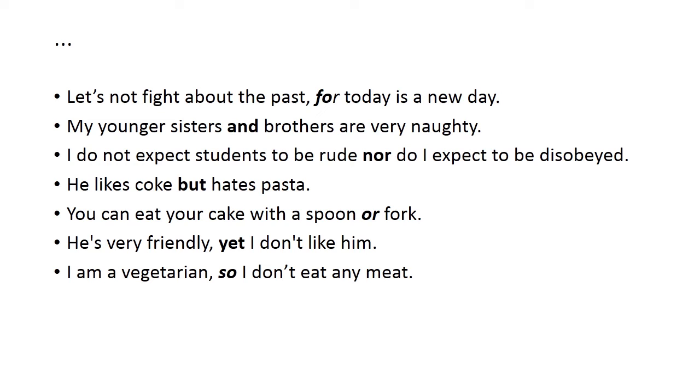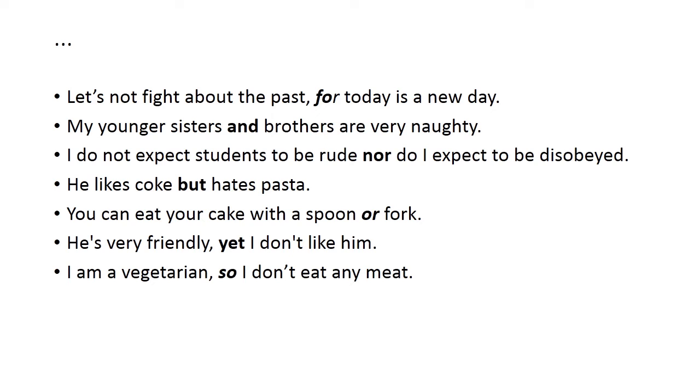Let's look at these examples of how these coordinating conjunctions, or FANBOYS, are used in sentences. Let's not fight about the past, for today is a new day. My younger sister and brothers are very naughty. I don't expect students to be rude, nor do I expect to be disobeyed.